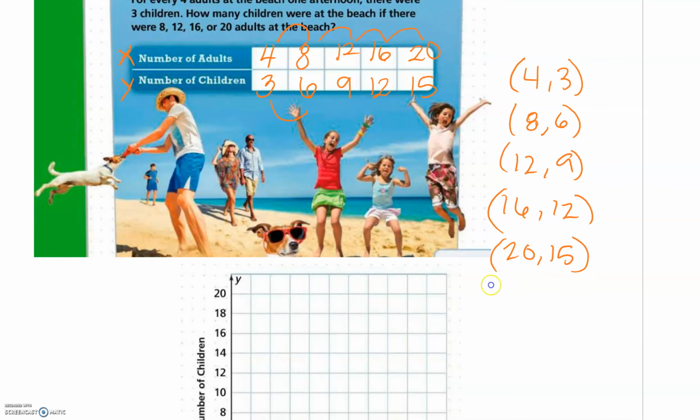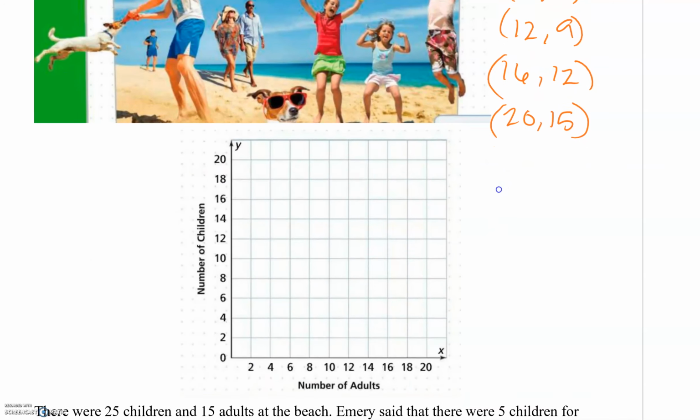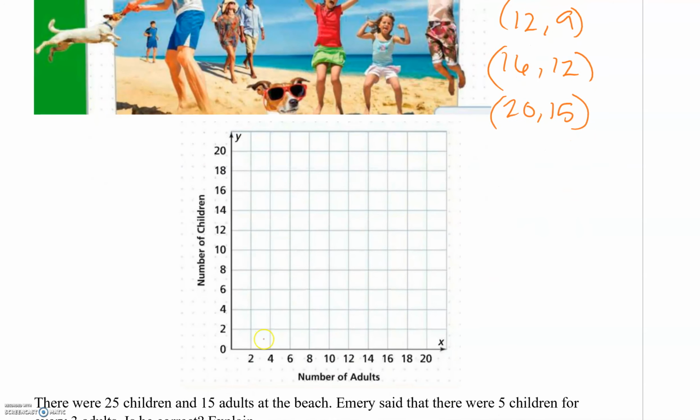And then you could graph these as well as our relationships here. So we have 4, 3, we have 8, 6, 12, 9, 16, 12, and then 20, 15.